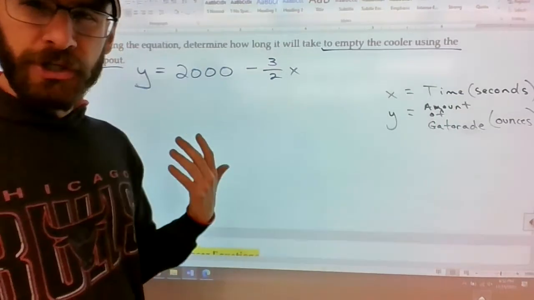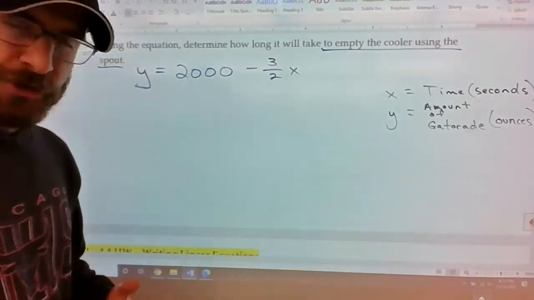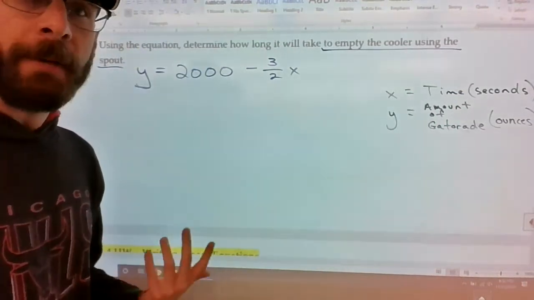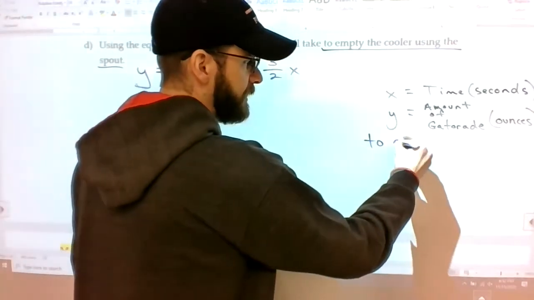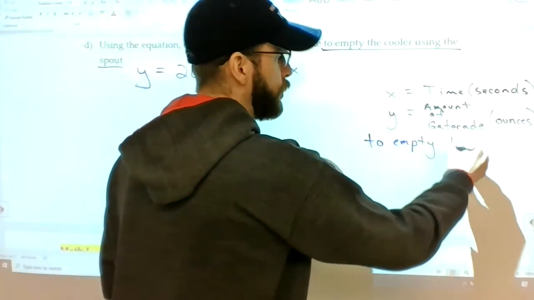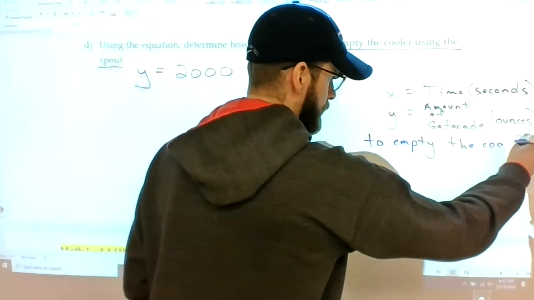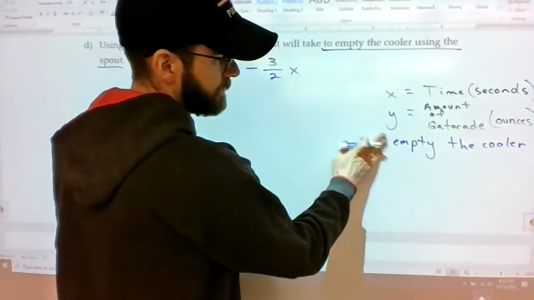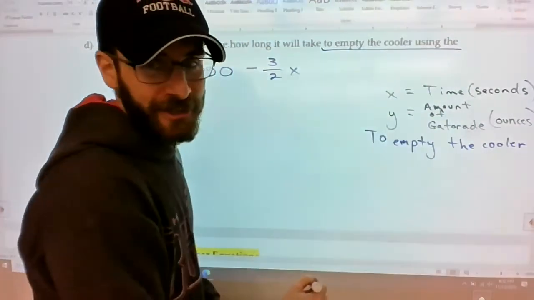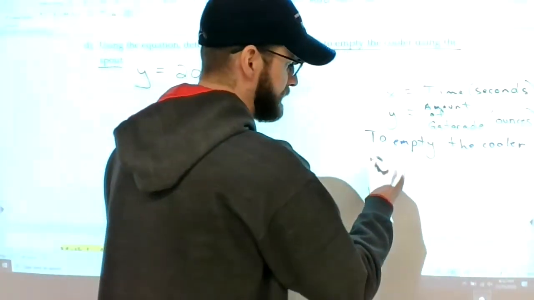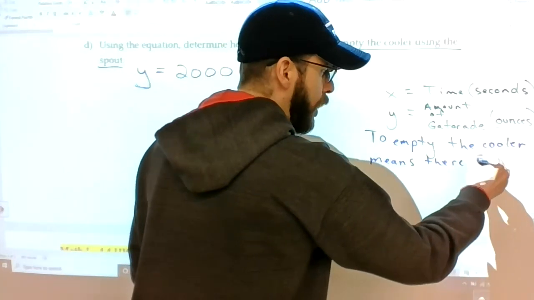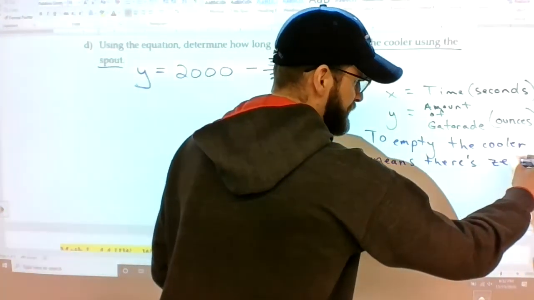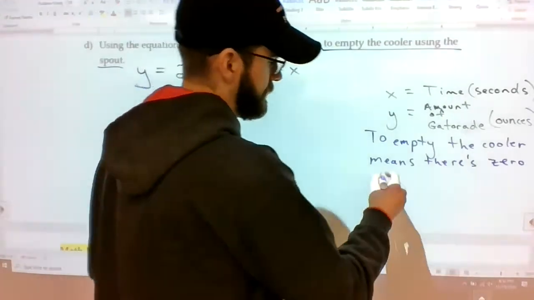Now, this is usually the trickiest one for students to visualize, but think about what we're saying here. To empty the cooler, let's use proper English here. To empty the cooler means there's 0 ounces of Gatorade left.